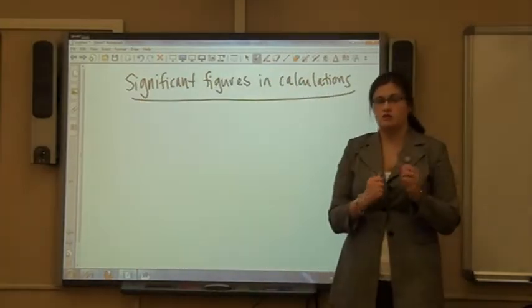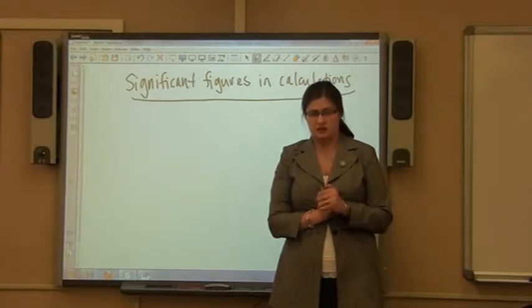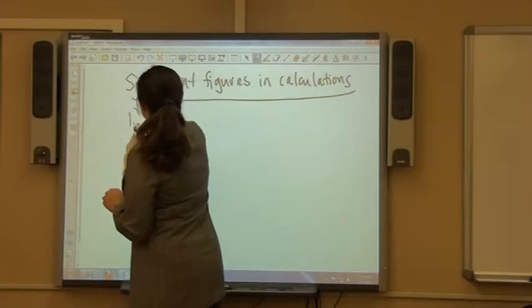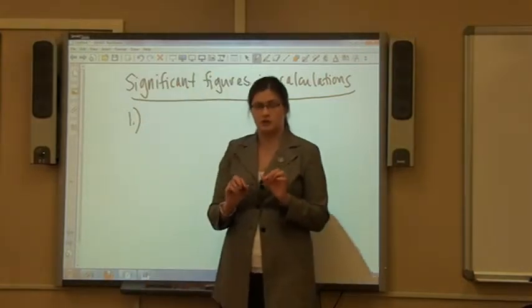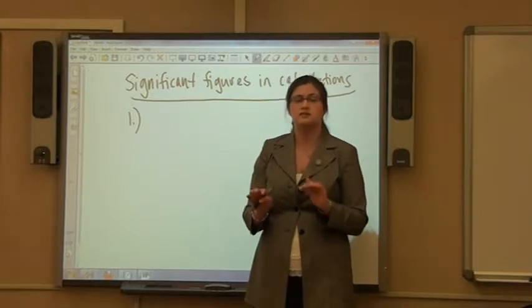Okay, there are 2 different rules. One is easy, one is complicated. We'll do the one that's easy first. Anytime you're going to multiply or divide 2 or more numbers, this is the rule that you use.